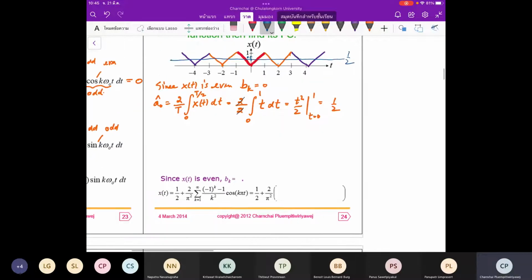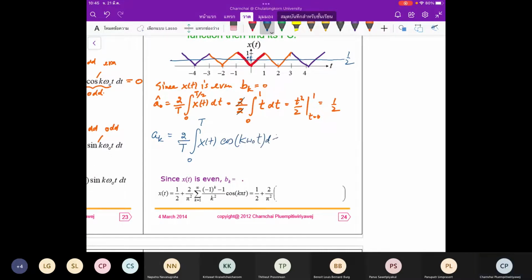Okay, what is a_k? a_k normally is equal to 2 over T times the integral from 0 to T of x(t) cosine k omega naught t dt. However, when x is even, you can integrate just half a period, and multiply by 2, so this 2 becomes a 4.